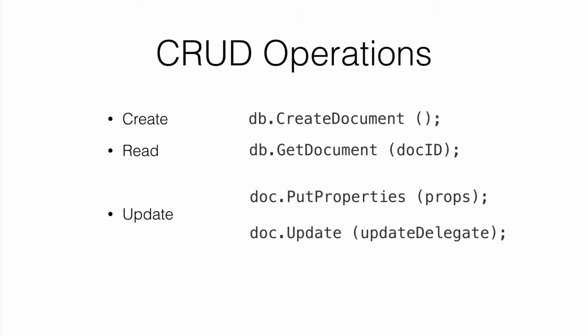If you want to just make changes. The difference being, put properties will do it and it won't do anything for you as far as conflicts. If you're using it just locally and you're not going through a sync gateway with multiple people operating on the data, it's not going to make too much of a difference. It depends on what you're doing in your app, I guess. But with put properties, you're going to have to roll whatever you're going to be doing for conflict resolution yourself.